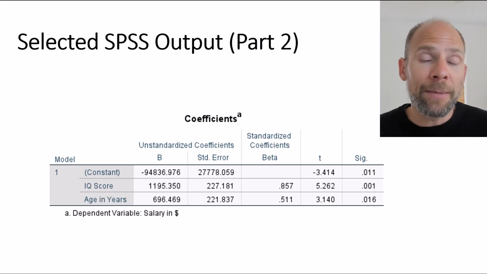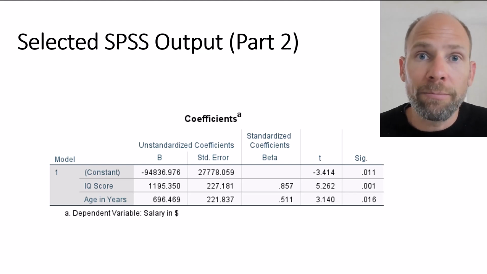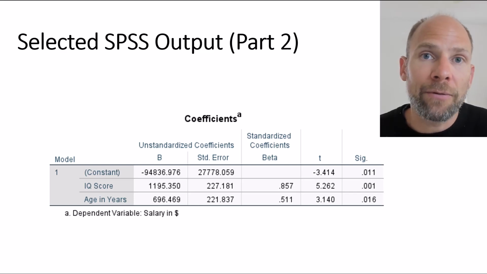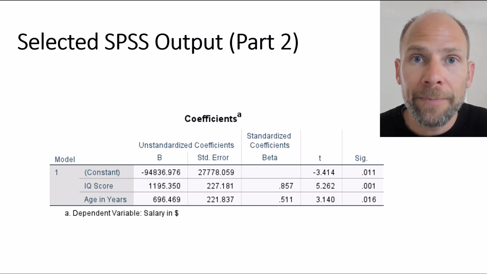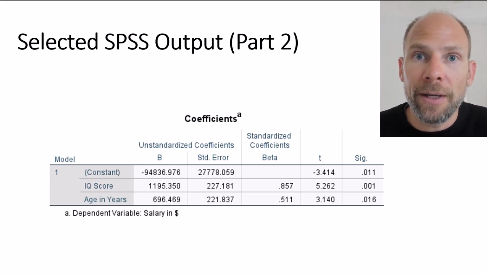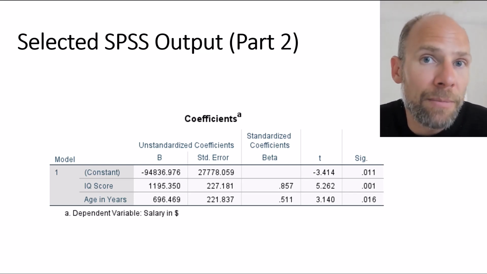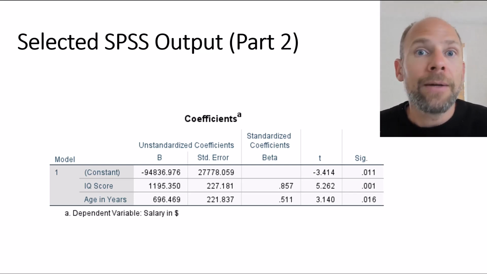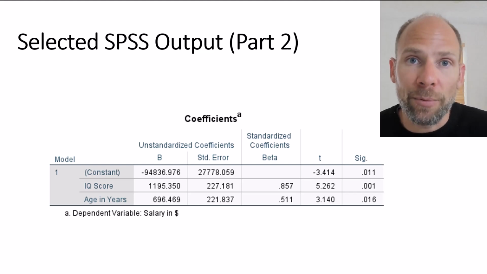Now, the intercept would be meaningful potentially if we had meaningful 0 points, like for example, if one predictor is the number of siblings that you have, then 0 could be meaningful. If you have 0 brothers and sisters, then that could make sense. Or if you centered your predictor variables.